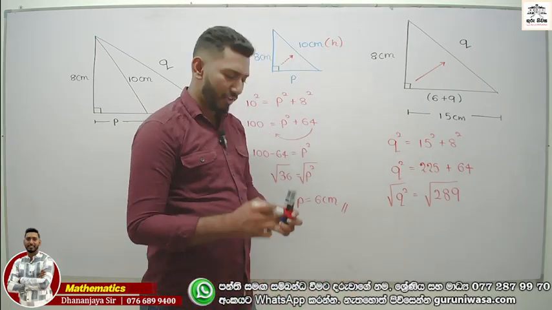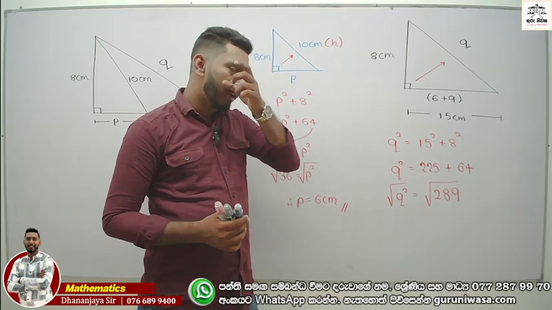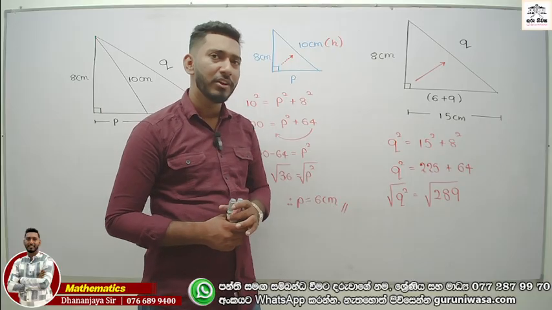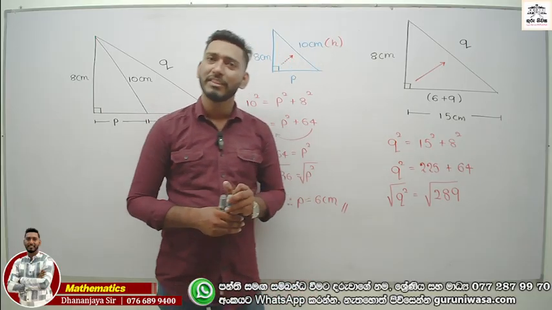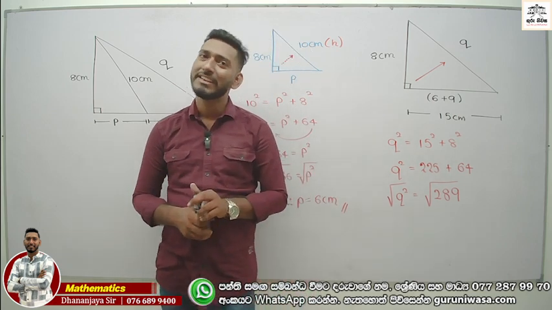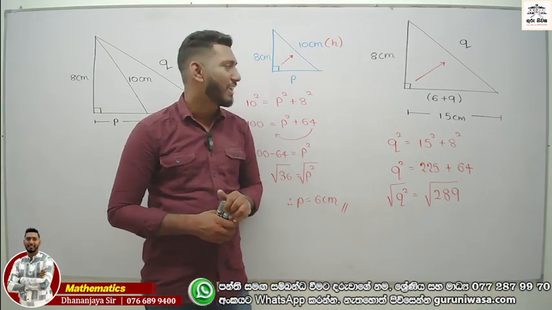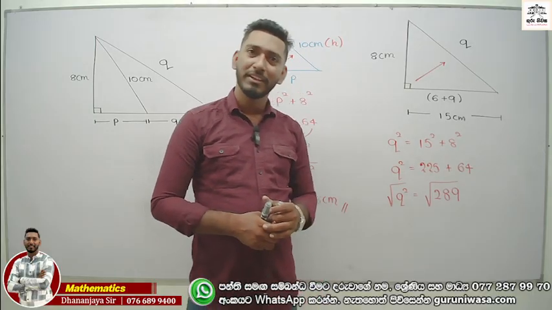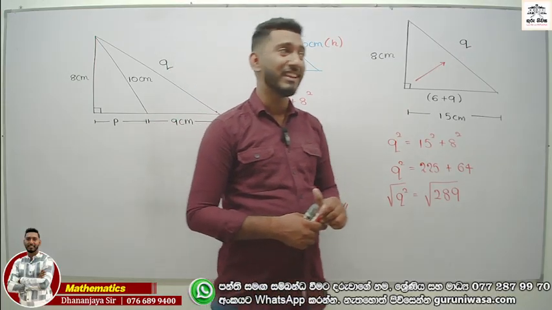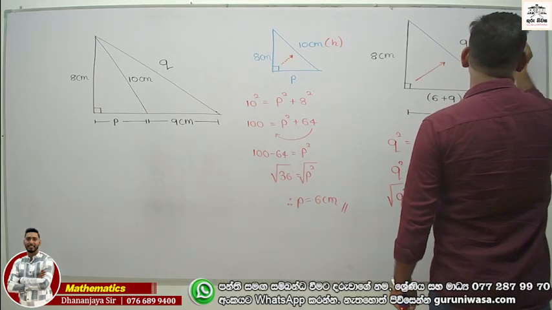Right? And do you remember the square numbers up to 400? 10 squared is 100, 11 times 11 is 121, 12 times 12 is 144, 13 times 13 is 169, 14 times 14 is 196, and 15 times 15 is 225, 16 times 16 is 256, 17 times 17.